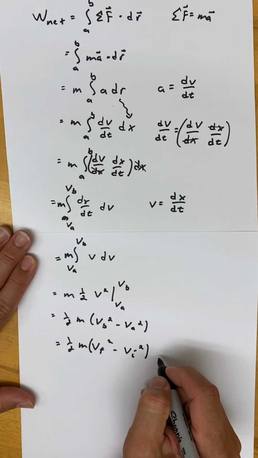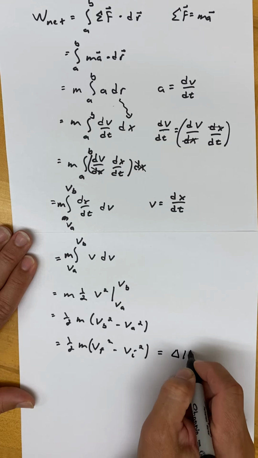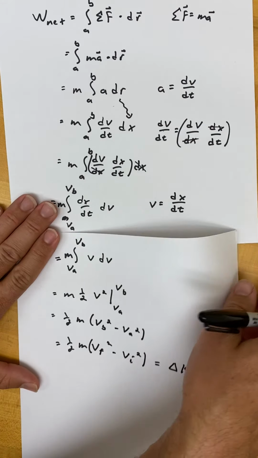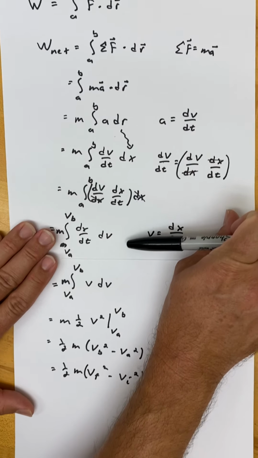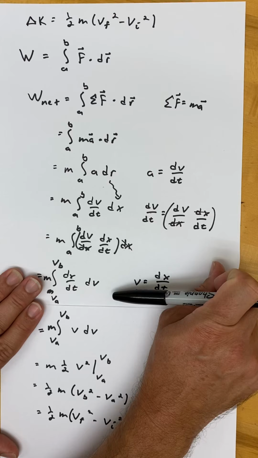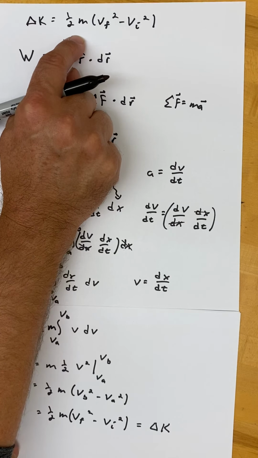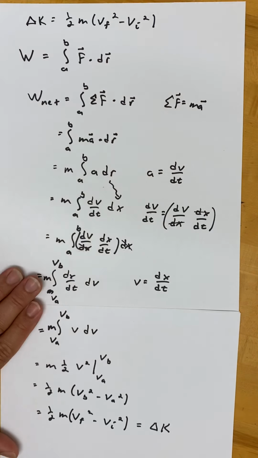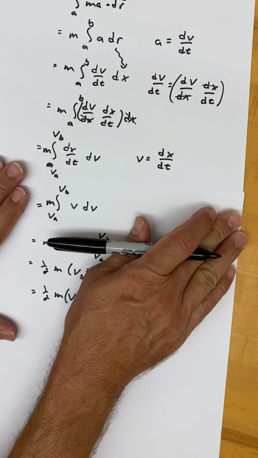But that, remember, is just equal to delta K. Let me move this whole thing down just a touch. I started off this whole thing by reminding you the change in kinetic energy is written like this: 1/2 m times the quantity v final squared minus v initial squared. That's at the point at which I've arrived here. This is delta K.